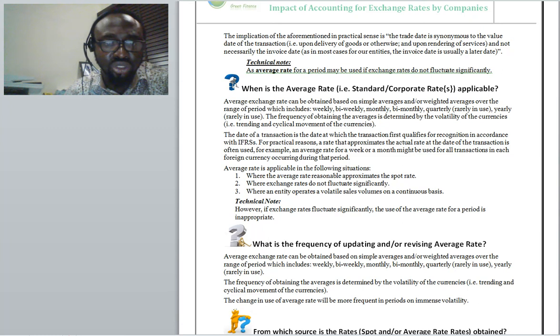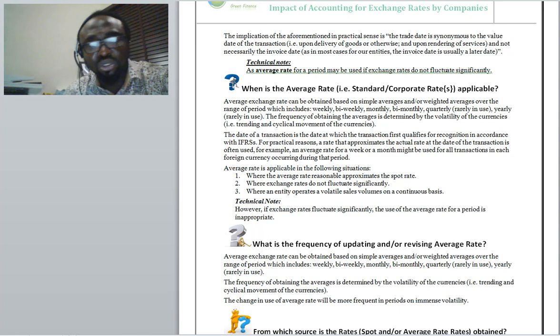Okay, but we'll discuss that also as we move on. But average rate will not be appropriate in all ramifications or in all instances when there's high volatility or high level of fluctuation between exchange rates.